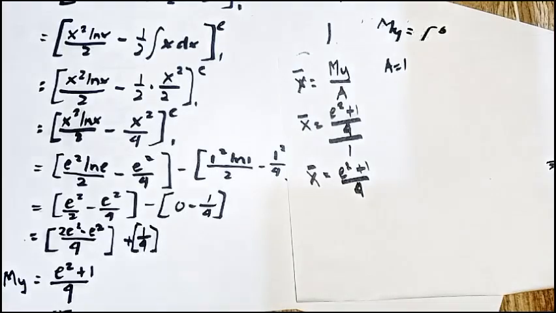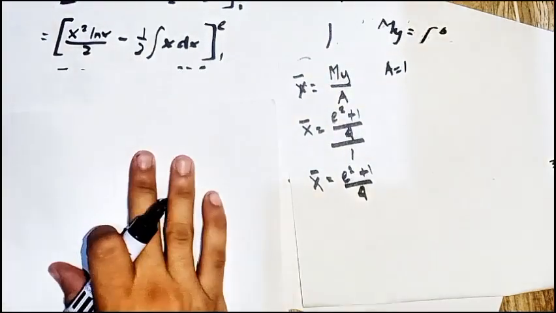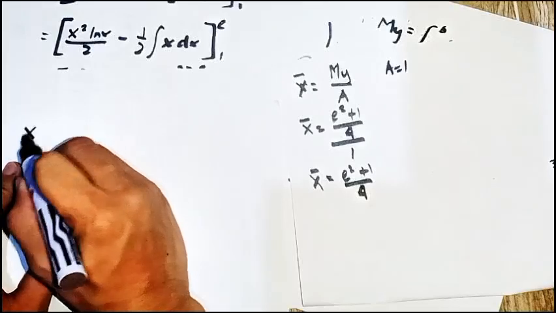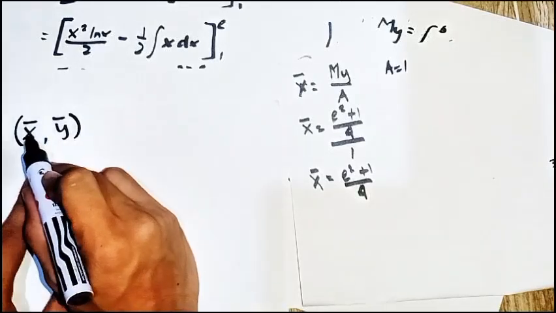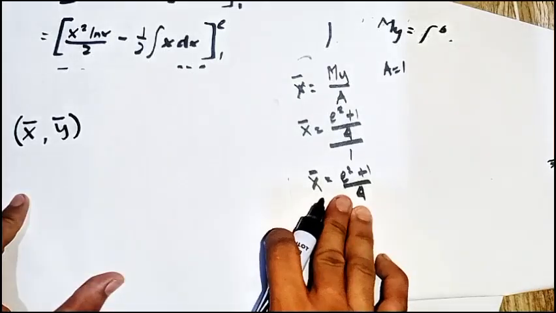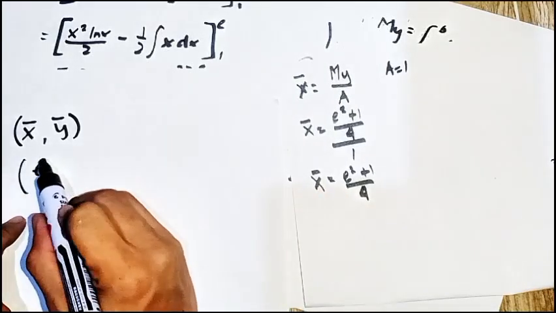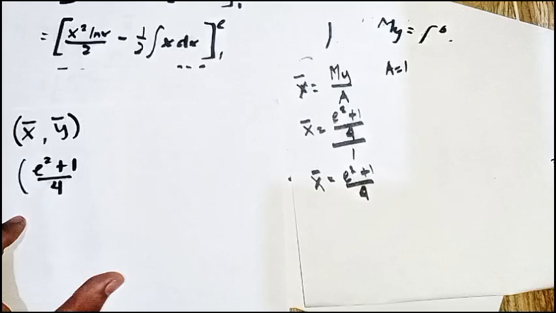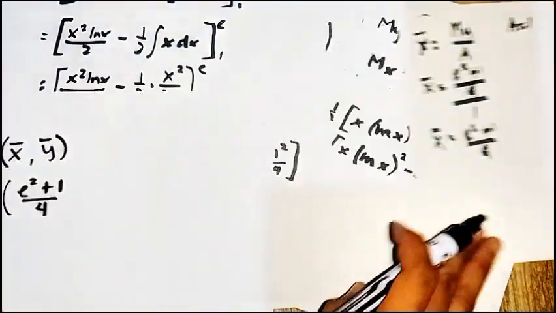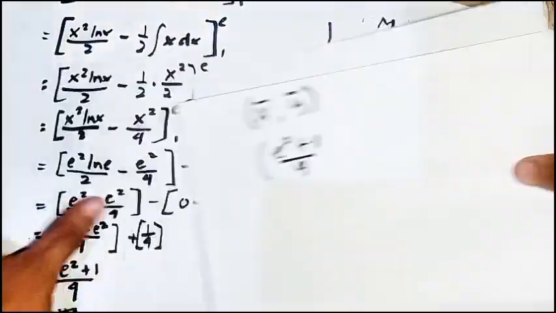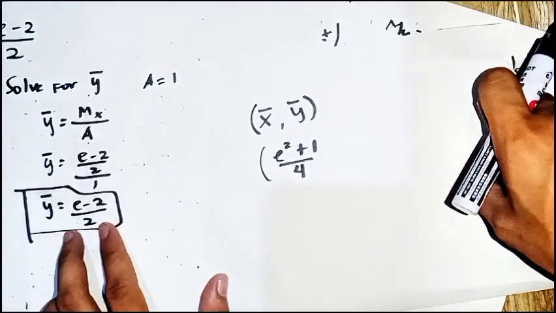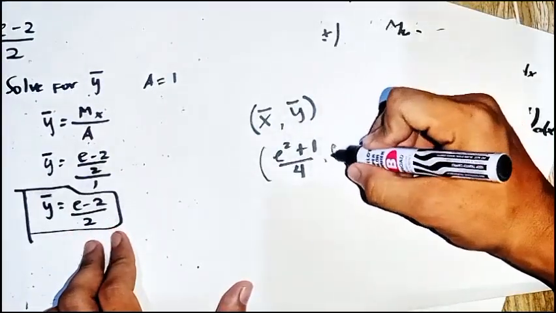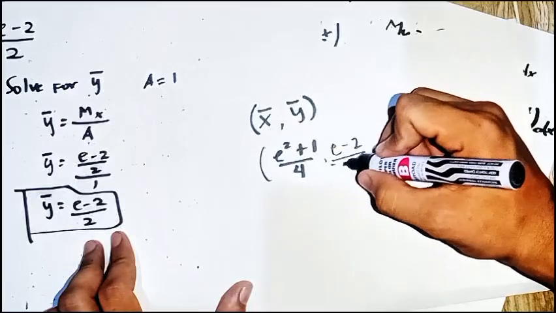Therefore, we can now identify our centroid. So our centroid is, we have the mean of x and the mean of y. Our mean of x is e squared plus 1 over 4, and our mean of y, which is this, e minus 2 over 2.